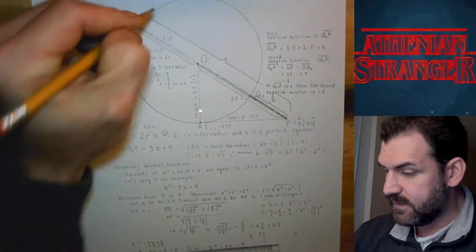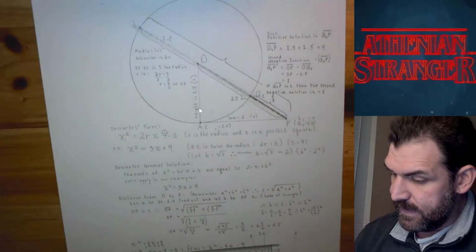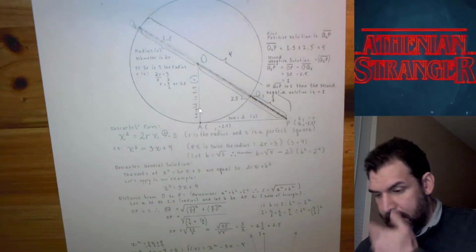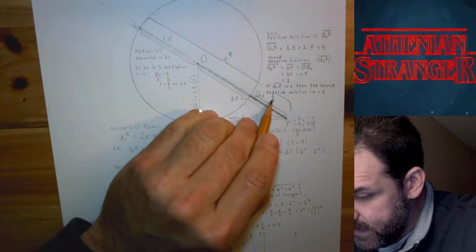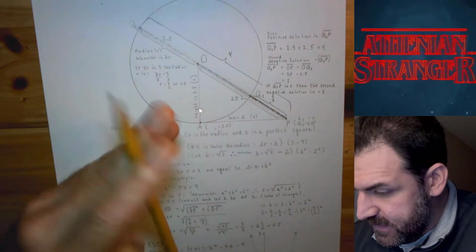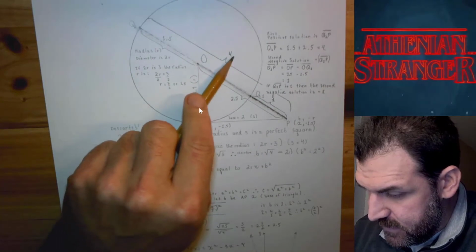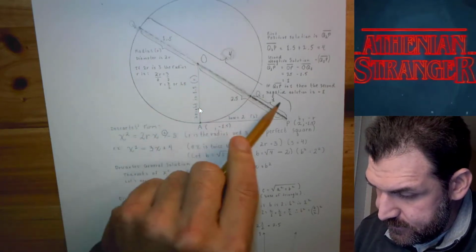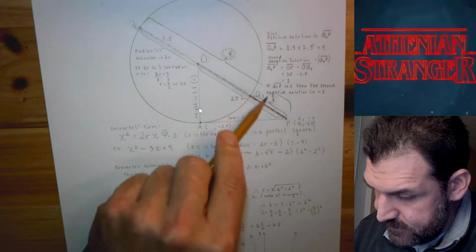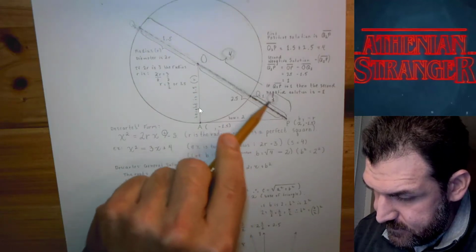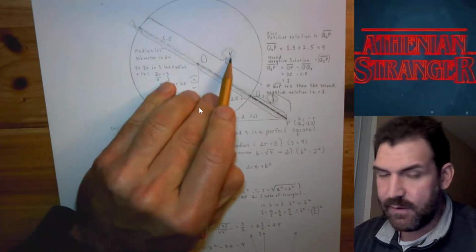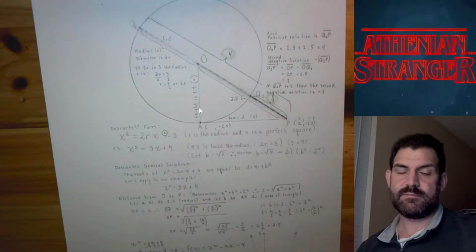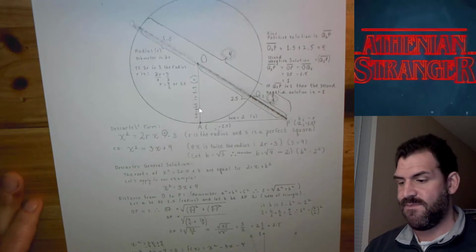That whole distance right there is 4. This distance is 1. So it's these numbers that turned out to be so crucial. So that was a solution, and then the negative of that was a solution to the quadratic.